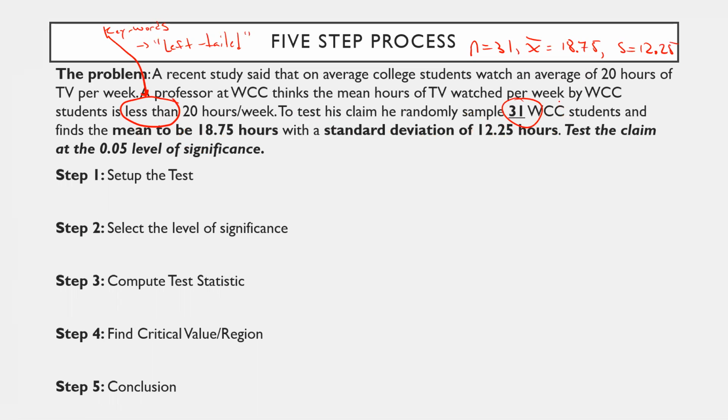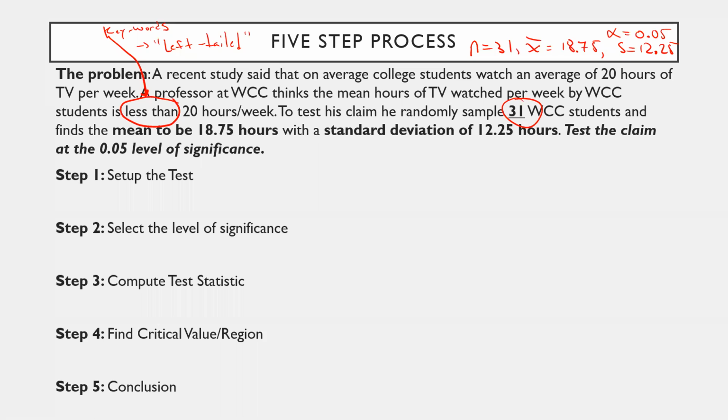Then it says test the claim at the 0.05 level of significance, so that right there is your alpha. So you are given enough here to test the claim.